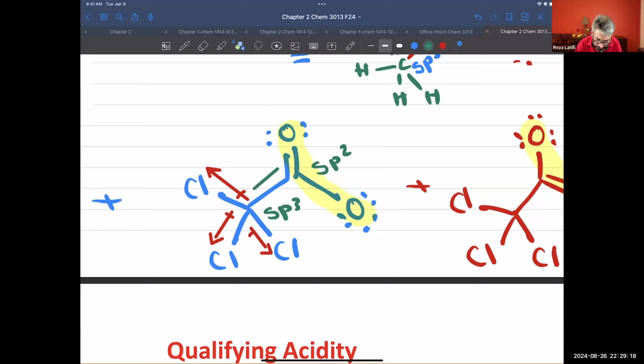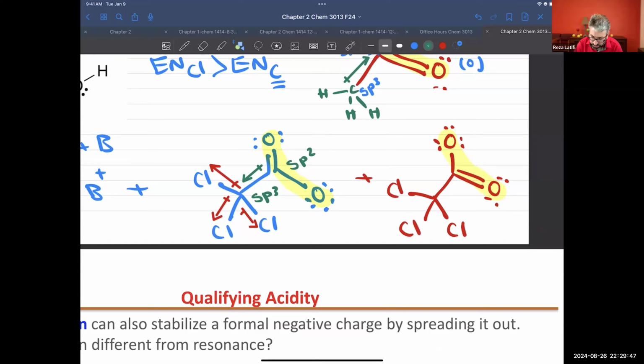And the bottom line of it, this negative charge, instead of being only between 2 oxygens and 1 carbon, very soon will be pulled in these directions. So it will be distributed over the entire molecule, not just 3 atoms.